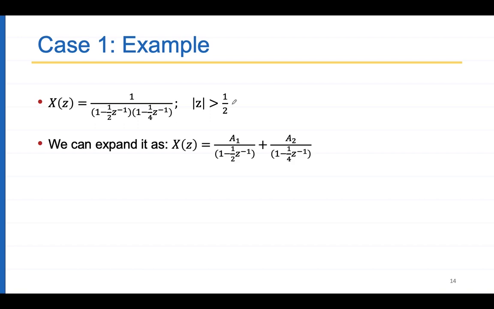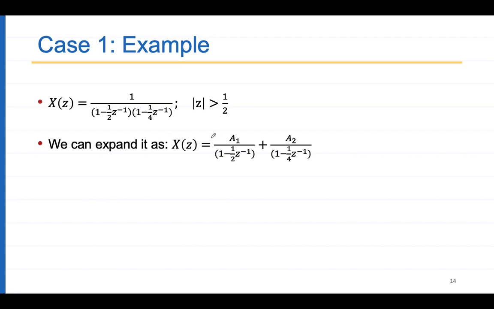Now, can we expand this in terms of something with the first term in the denominator plus something with the second term in the denominator? If I can do it like this, then I can definitely find inverse z transforms for both these terms, and since the z transform is linear, the inverse z transforms of individual components can simply be added to form the inverse z transform of X(z).